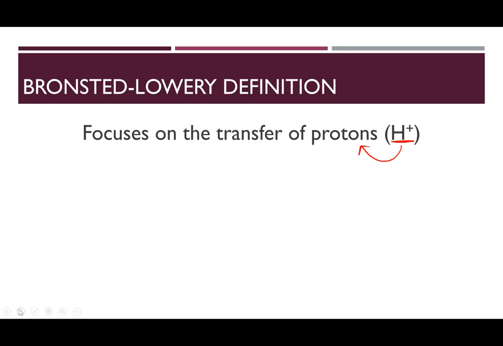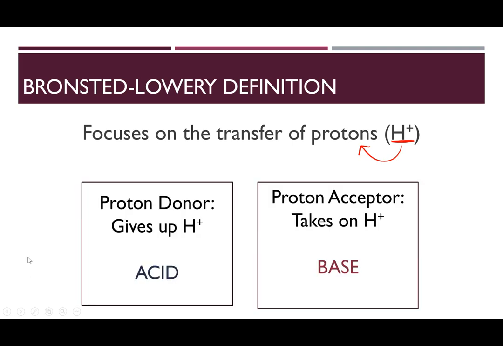Okay. So according to the Bronsted-Lowry definition, an acid is going to be a proton donor. It's going to be something that gives up a proton during a chemical reaction. The way that I remember this, I have the silliest ways of remembering things in chemistry, but it seems to have worked for me. I see this D in proton donor, and I link it to that D in acid. So I say acid, proton donor.